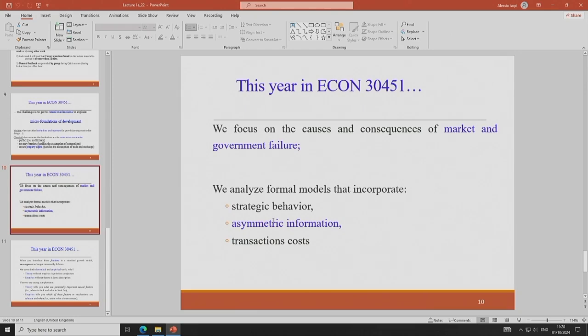One of the elements that characterize interaction and relationships across agents is the fact that whenever you enter a trade or an economic relationship, you might not both have access to the same type of information. Now, information is key in that sense because it's going to change, and I'll show you how, the incentives, which means the behavior of people. And this is what we will be focusing on.